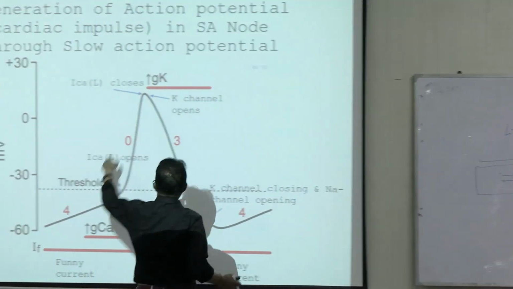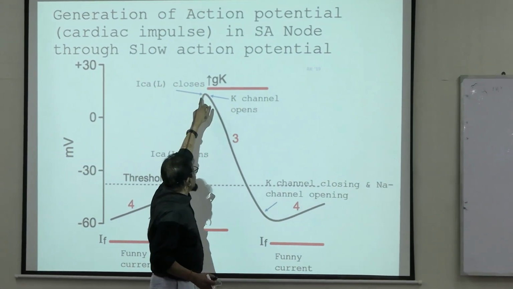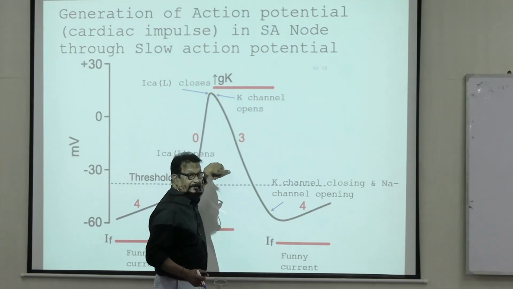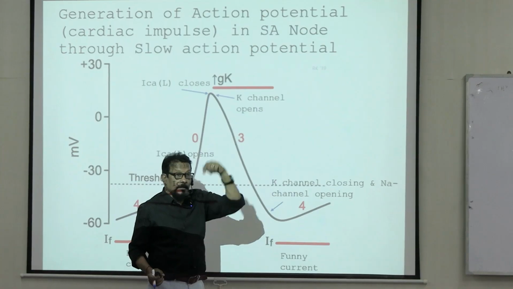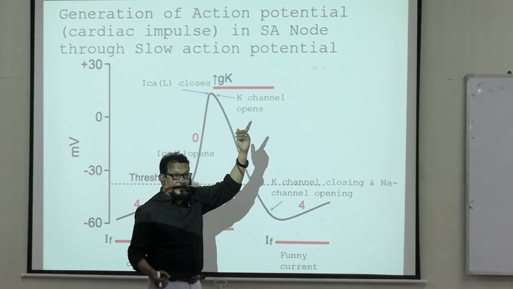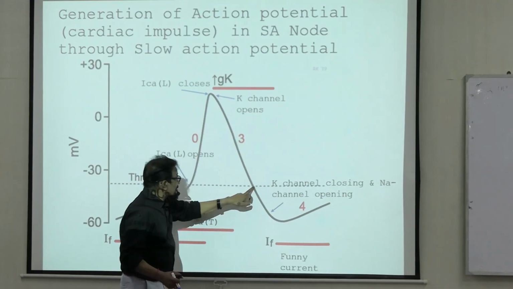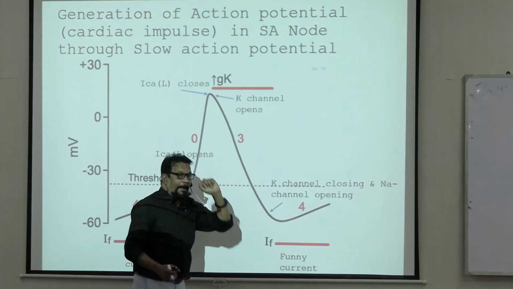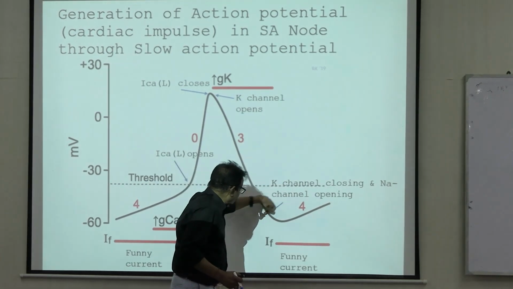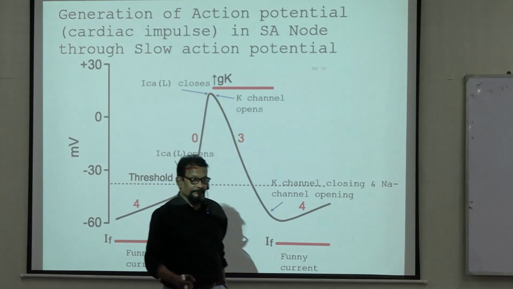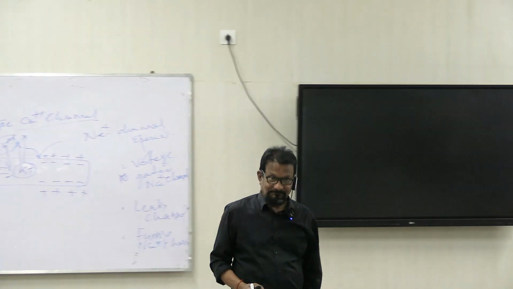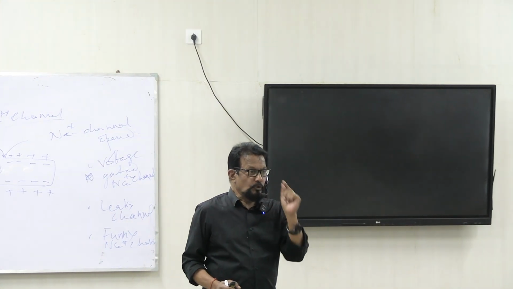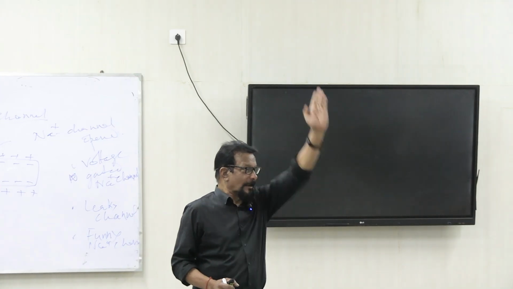Let's see how. This is one action potential. During repolarizing phase 3, potassium ion is going out from the cells to the outside. When it comes to this level, some sodium ion starts to enter, and this is a very funny thing. Why is this funny? Usually sodium channels open during depolarization.